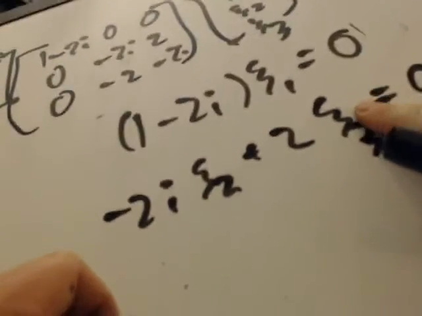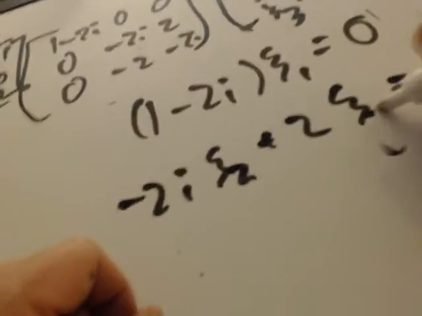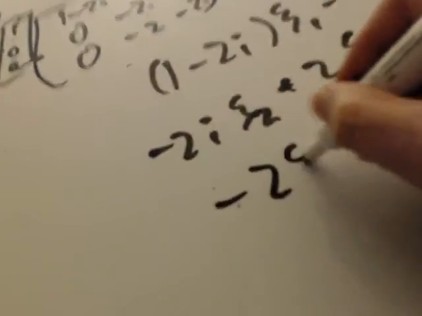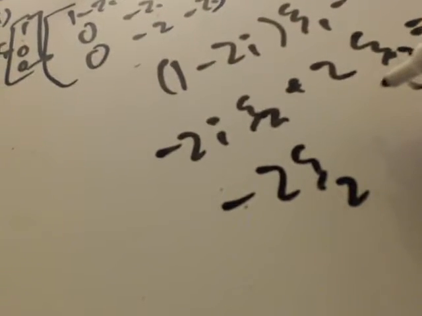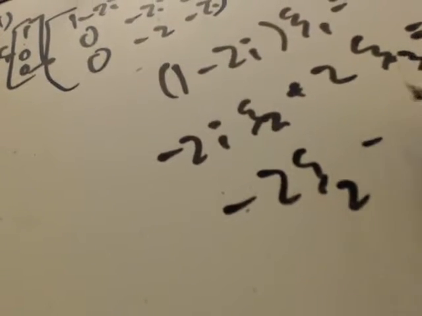Xi2, xi3. Oh, that's a horrible thing. Xi3. Alright, and then finally we have minus 2 xi2 minus 2i xi3 equals 0.